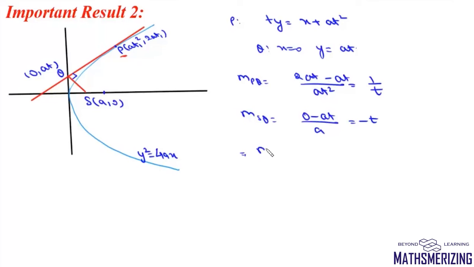So the product of slopes m_PQ into m_SQ is -1. That simply means this Q is the foot of the perpendicular from the focus. So the result is that the foot of the perpendicular drawn from the focus to any tangent to a parabola will intersect the tangent drawn at the vertex of the parabola.